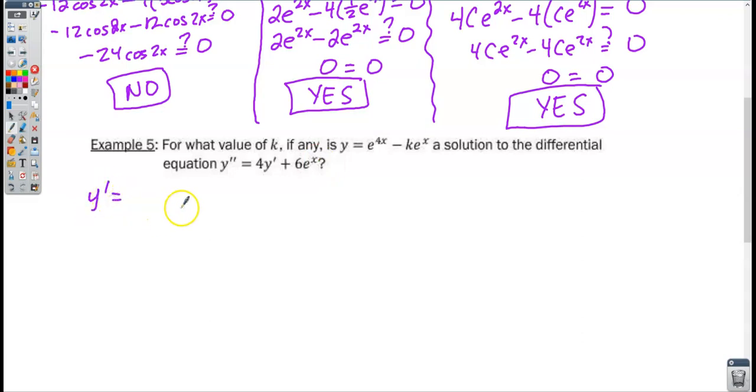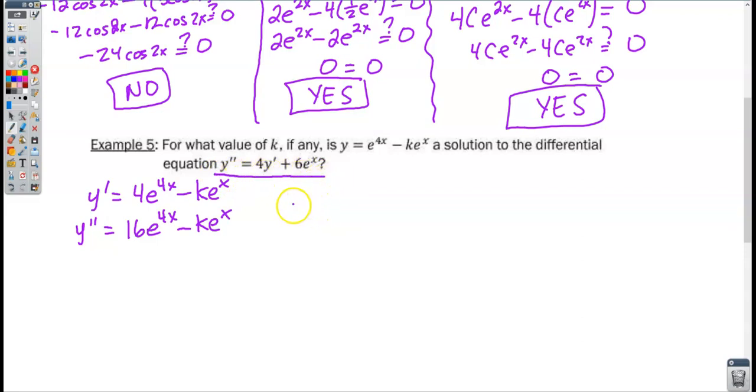So y prime is equal to 4e to the 4x minus k e to the x. And y double prime is equal to 16e to the 4x minus k e to the x. All right, and now we're going to substitute both of those into this differential equation in the appropriate spot.